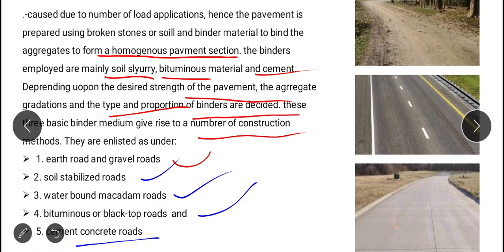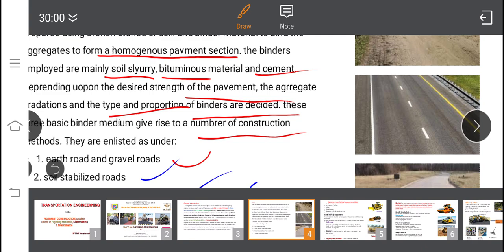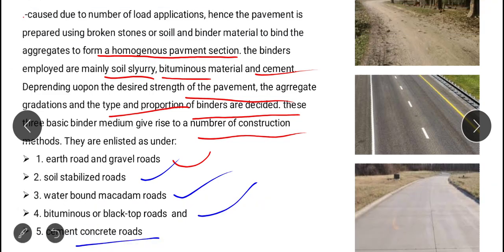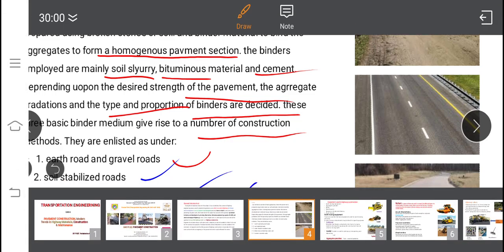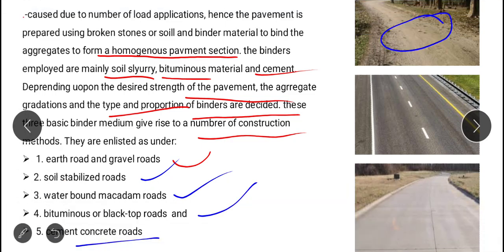And cement concrete roads. So here you can see 3 photographs. It is very distinct to understand the difference, how it looks. This is earth; we can consider earth road or gravel road or WBM road as the surface course itself. Here it is a bituminous road with proper marking of center line, lane lines and extreme pavement edge line.